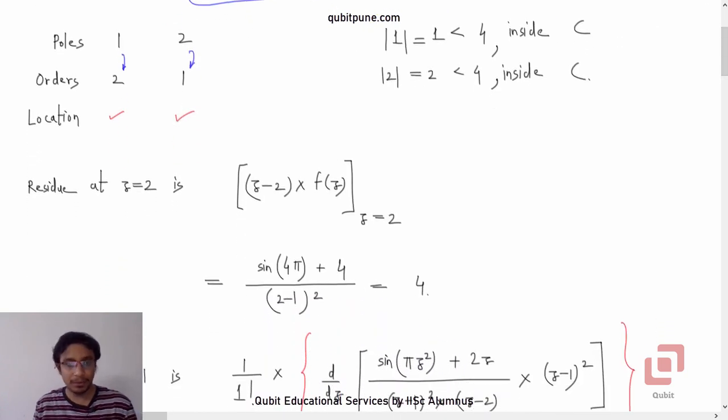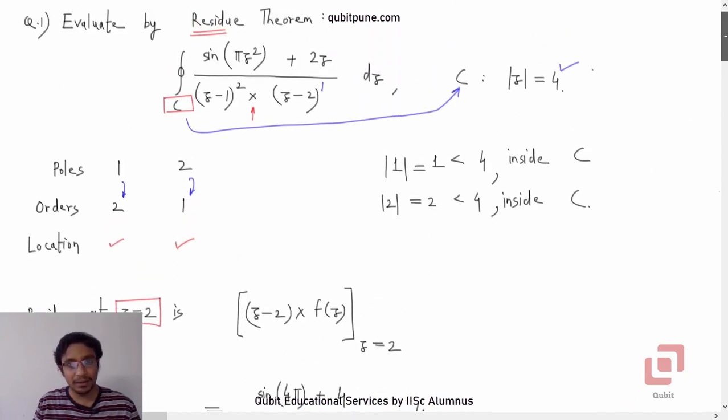First, we will go to the simple pole whose order is 1, that is z equal to 2. We now recall the formula. If we take the limit and if we don't get any indeterminate form, then the residue will be z minus 2 into f of z at z equal to 2. Okay, so let us see if this works.